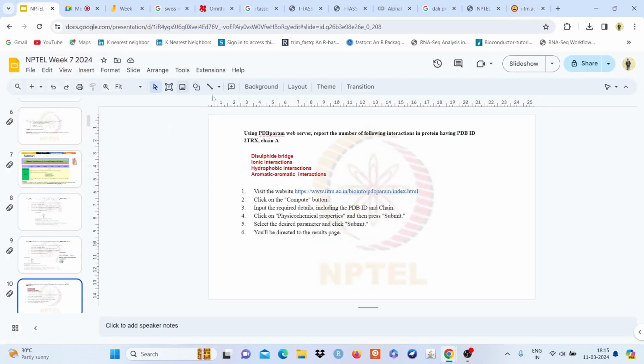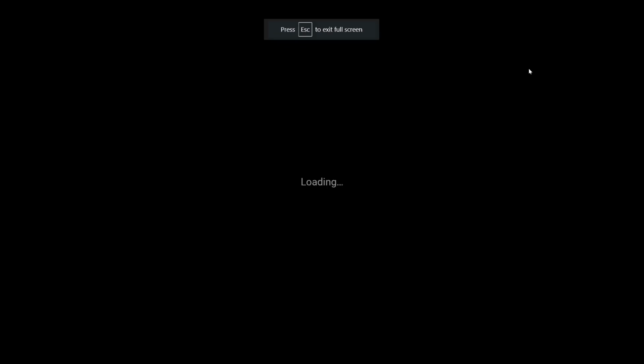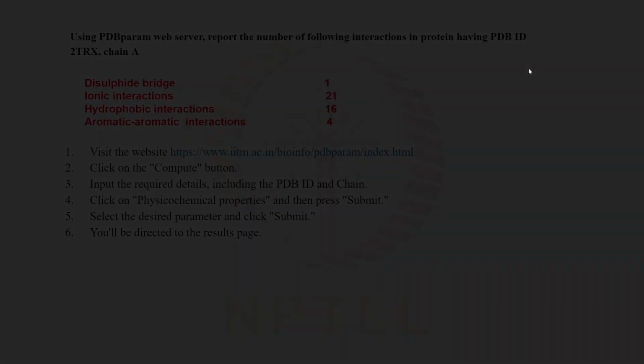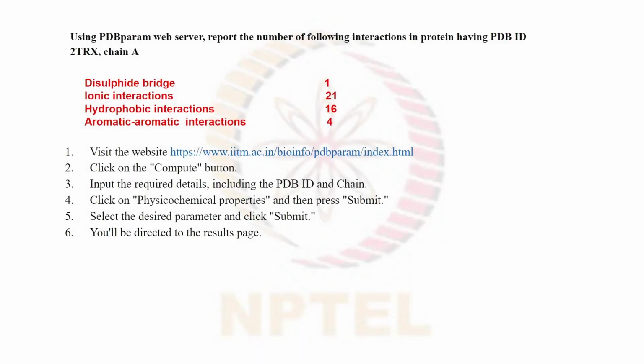This is how the number of non-covalent interactions present in a protein is identified using PDB param. Here is the detailed number of interactions present in PDB ID 2TRX of chain A.